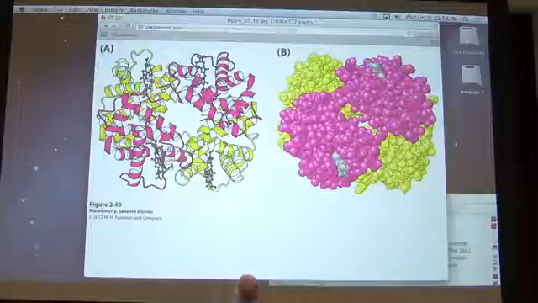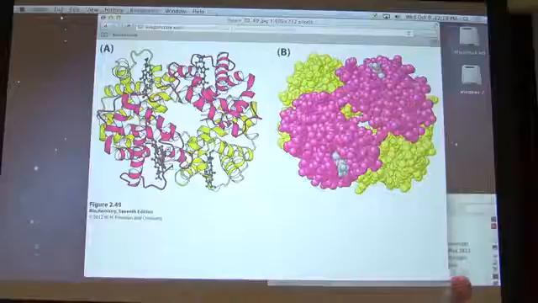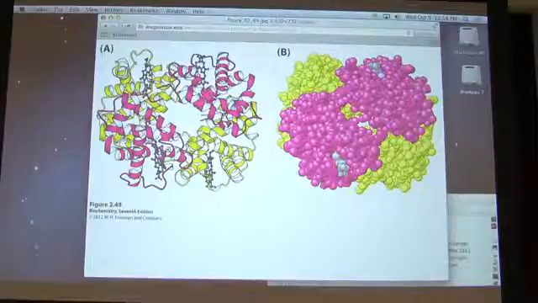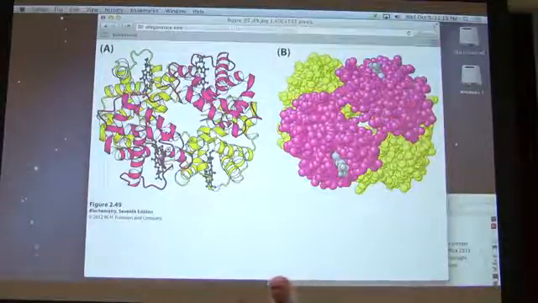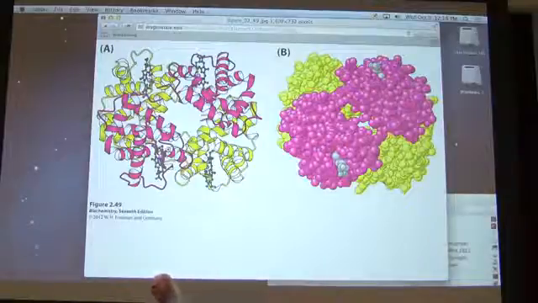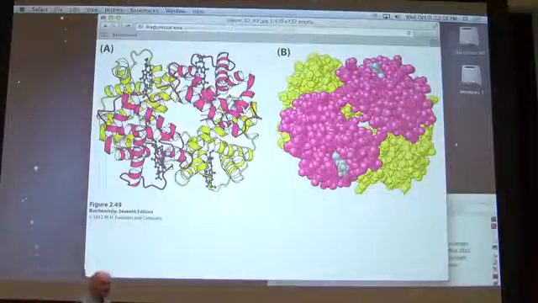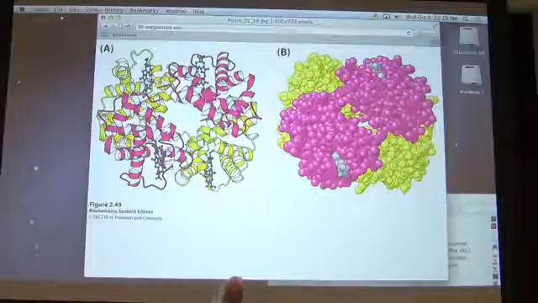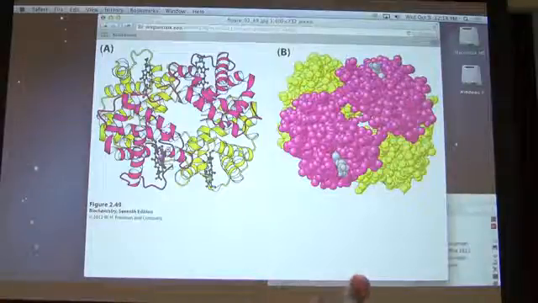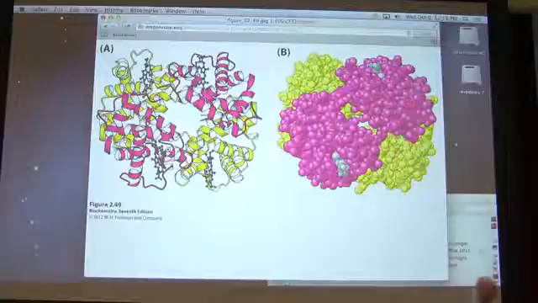Well, we start thinking about, well, what's going to stabilize quaternary structure? And it turns out that all of the things we saw that stabilize tertiary structure also stabilize quaternary structure. Hydrogen bonds, hydrophobic interactions, metals, ions, disulfide bonds. All of those can help to stabilize quaternary structure. And so just as adding a detergent to a protein might denature it, so too might that detergent separate and take apart the individual polypeptides of a protein that has quaternary structure.